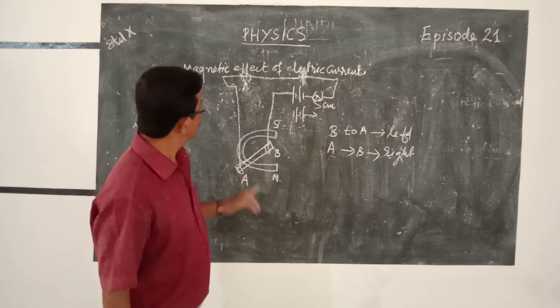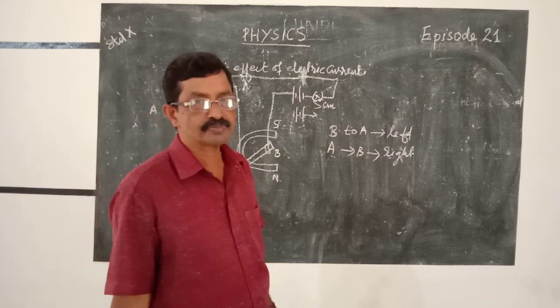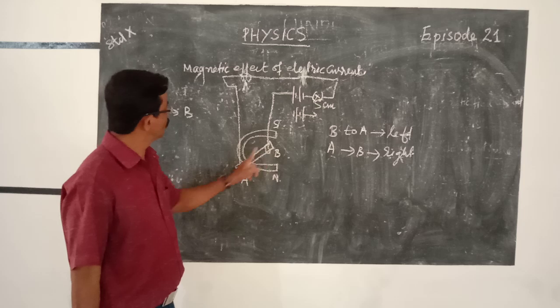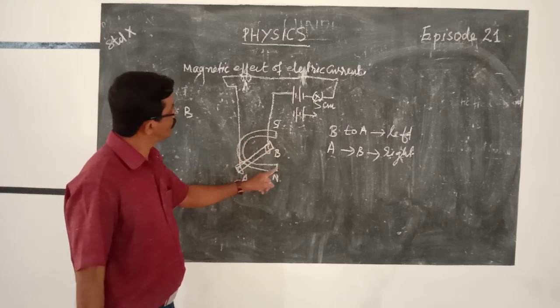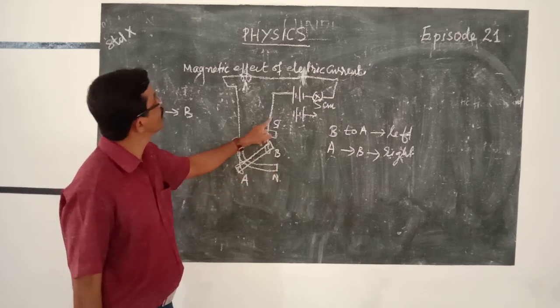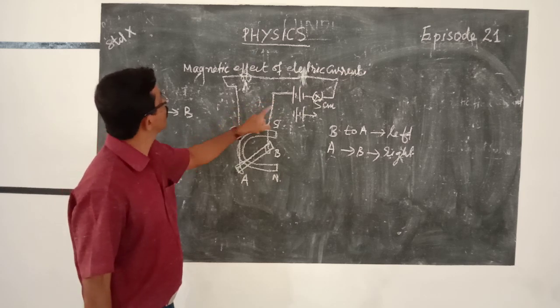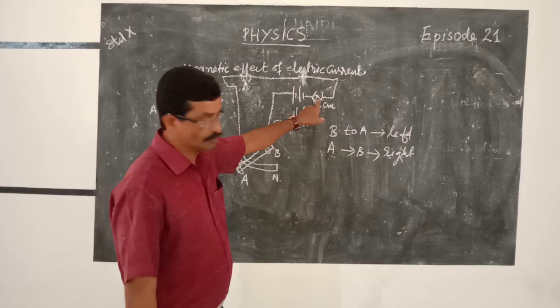And here, for our activity, what are the things we took? Here we took an aluminum rod which is placed between the magnetic poles of a horseshoe magnet, and it is suspended by means of very light conducting wires and connected to battery and plug key.